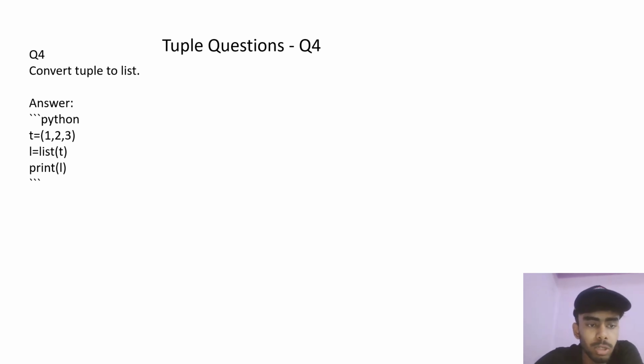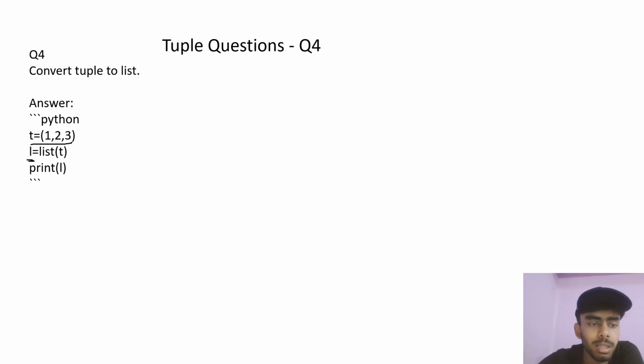Now convert tuple to list. This is very easy. We know this earlier also, for converting integer into string, string into integer, string into floating value. So for converting tuple to list, here you have a tuple.